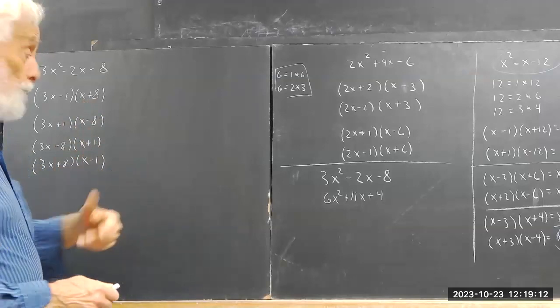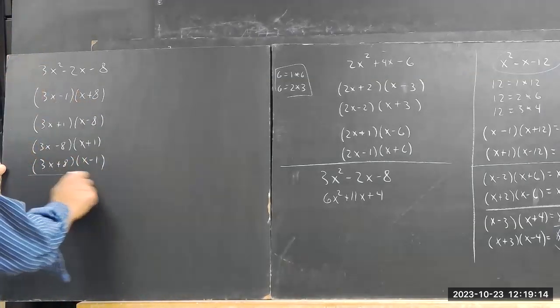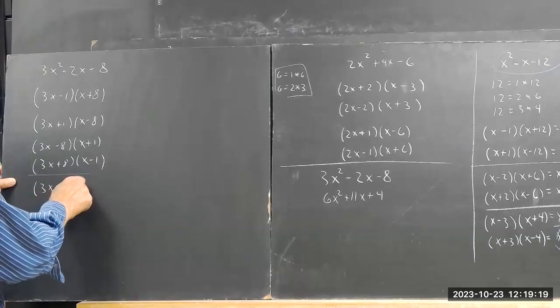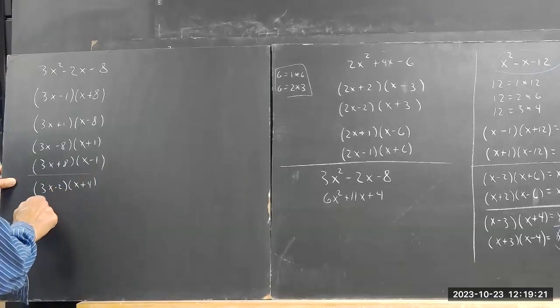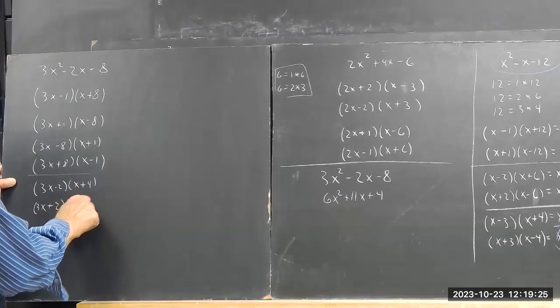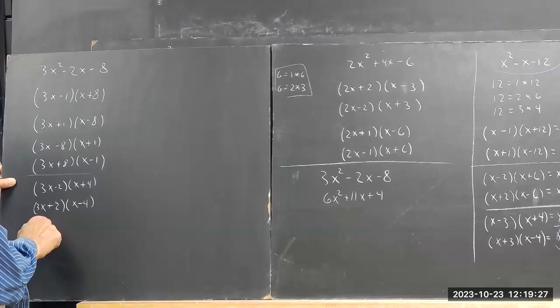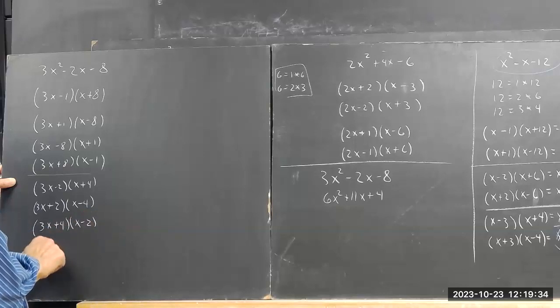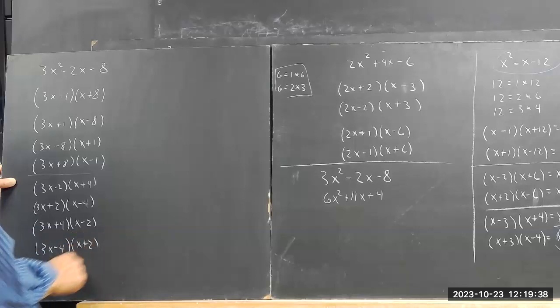Now that's just using the fact that you write 8 as 1 times 8. Now it could be 2 times 4. So we'd have to do all this again with 2 and 4. 3x minus 2 times x plus 4. 3x plus 2 times x minus 4. 3x plus 4 times x minus 2. Or 3x minus 4 times x plus 2.